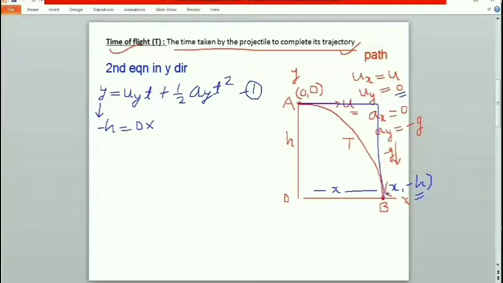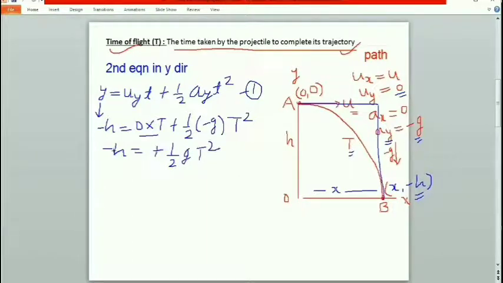A to B time is equal to time of flight, that is capital T, plus half ay, acceleration due to gravity in y direction, that is minus g, and then again t square. Okay, now this term is 0, so minus h equals minus half g t square.